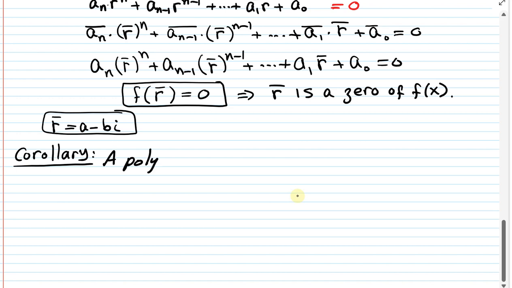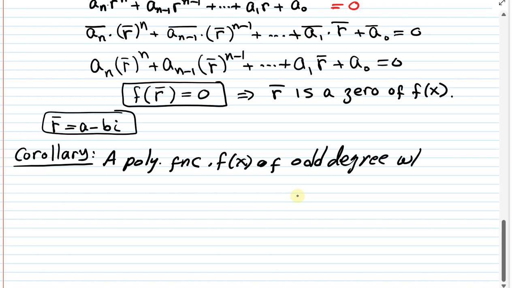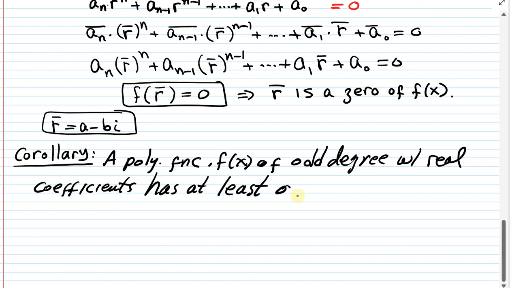A polynomial function, call it f of x, of odd degree, again with real coefficients, has at least one real 0. So this is amazing.